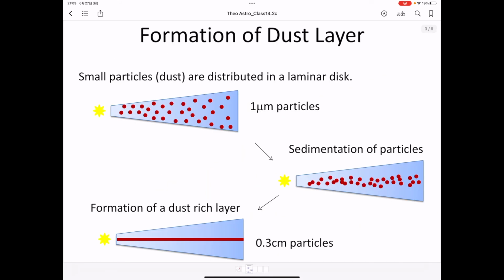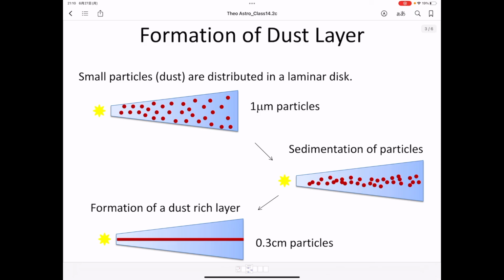So we summarize what we discovered. Small particles, sometimes we call them dust, are distributed in a disk. The typical size of the small particle is 1 micrometer radius. So these particles fall to the midplane. While falling to the midplane, each captures a number of small particles and increases its mass.